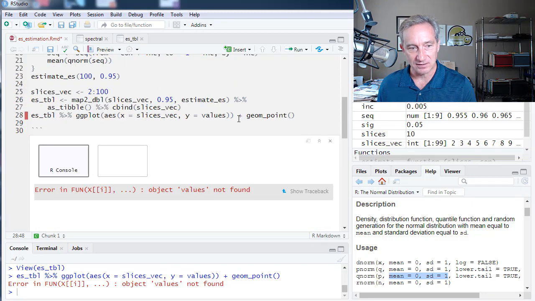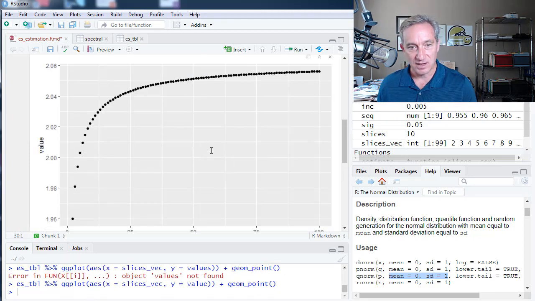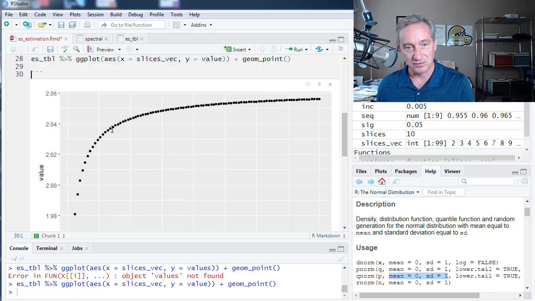Oh, I guess that's value. Okay, and then we get a plot here of that estimate of expected shortfall moving to the right as we increase the number of tails, and this again is just for a 95% confidence expected shortfall.